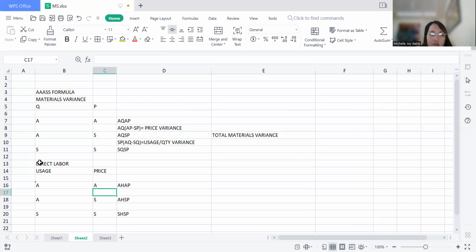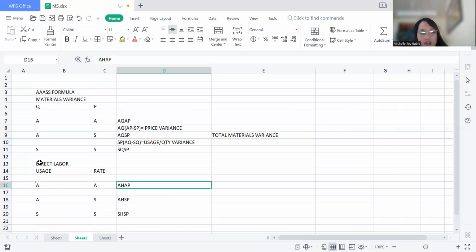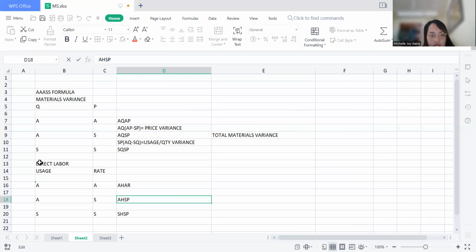Here, pwede rin ang term dito pala, if not price, it could be a rate. Dapat pala rate ito, hindi na price, pero pareho lang naman sila ng essence. So actual rate, standard rate, standard rate.